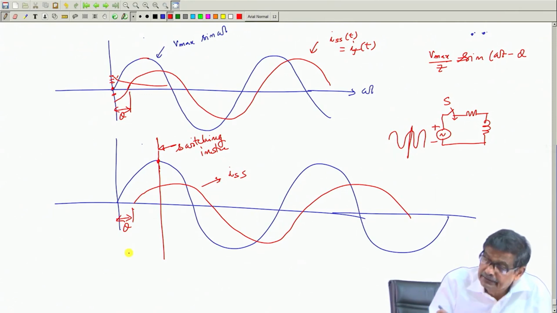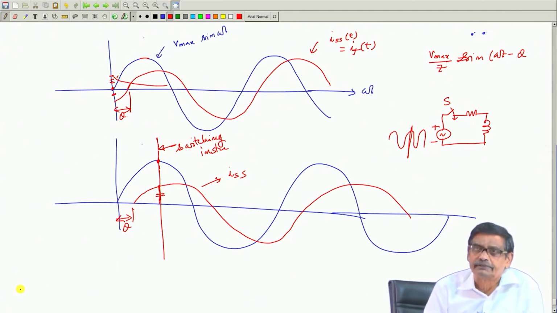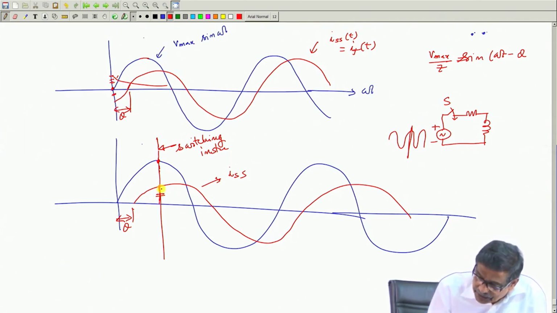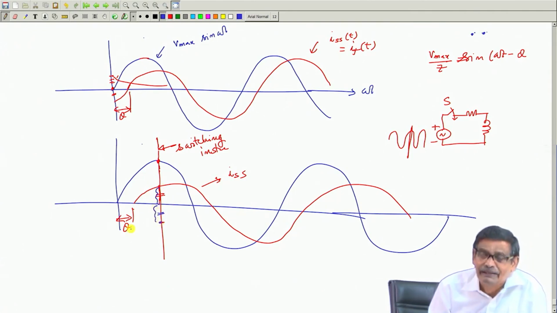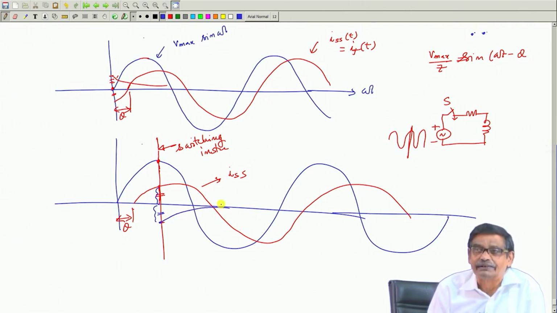Steady state demands that the current is this much positive. Do your maths the way I did, but believe me, there will appear a negative current of the same amount. Here lies the catch. This and this two will be equal, and this current will decay down to 0. This will be the nature of the transient.